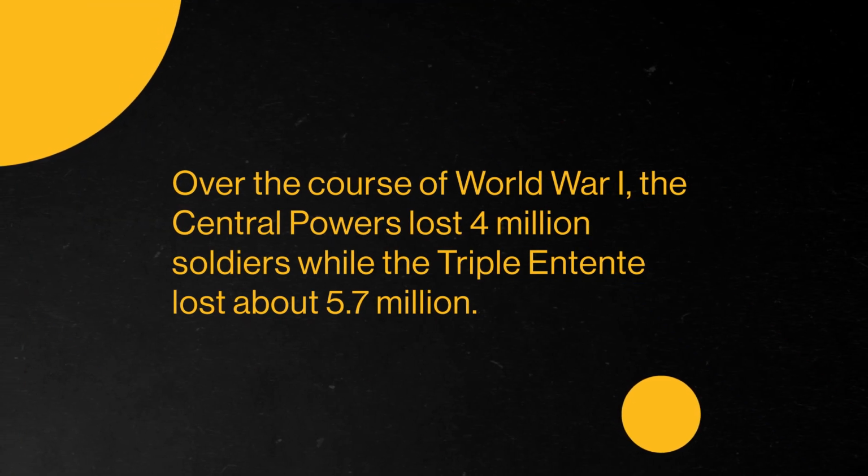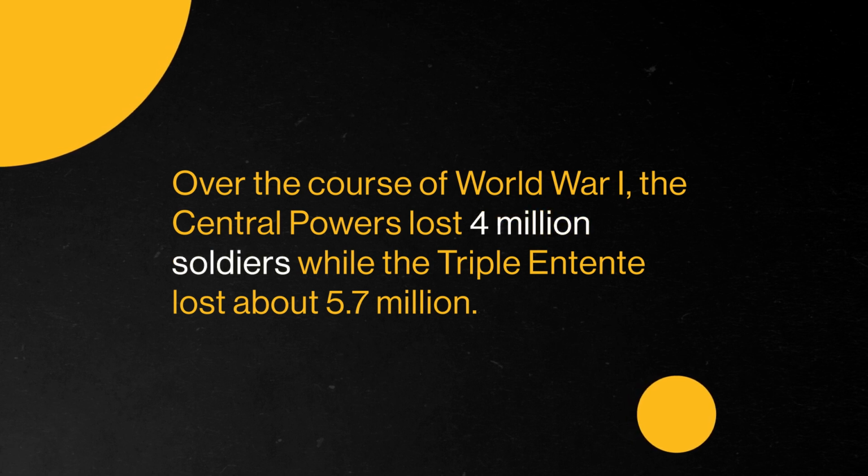Over the course of World War I, the Central Powers lost 4 million soldiers, while the Triple Entente lost about 5.7 million. Taken together, that's like if the entire population of Seoul, South Korea, was suddenly wiped off the map today. Both the Central Powers and the Triple Entente were willing to do whatever it took to stop the other, even if that meant sacrificing the lives of millions of soldiers on the battlefield and even more civilian lives back at home.